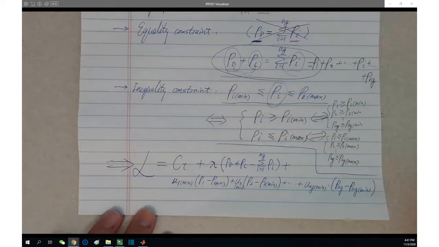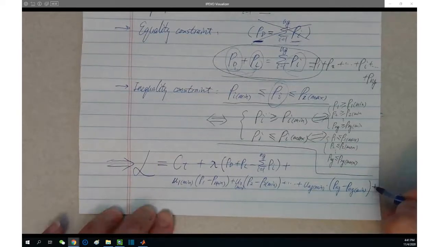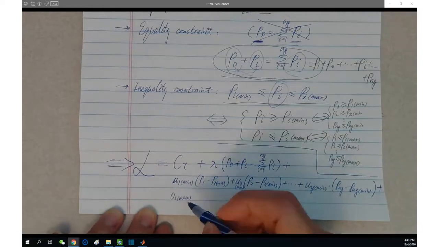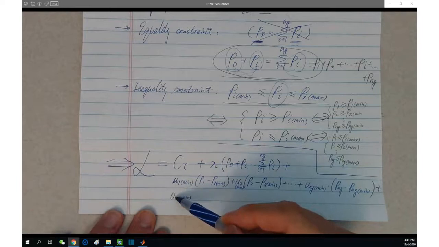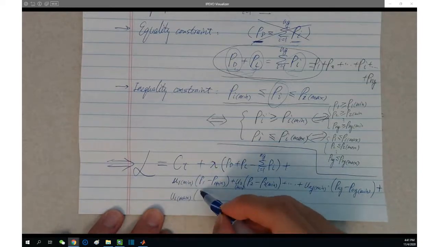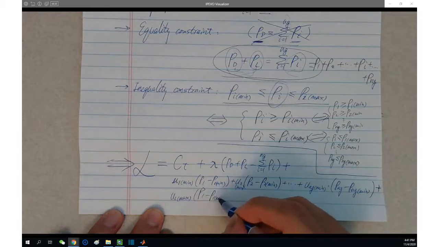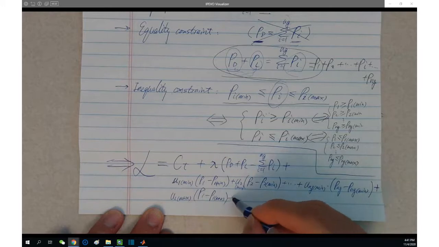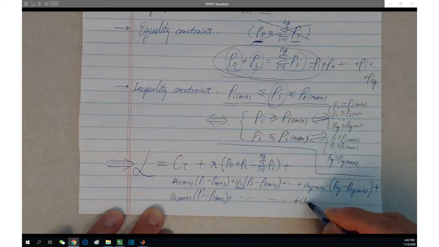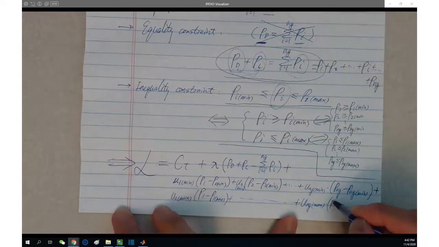And then plus the second group, U1 maximum, because you need to differentiate this U1 and this U1. They are not the same U1, right? And here, P1 minus P1 maximum, plus all the way to UNG maximum times PNG minus PNG maximum.